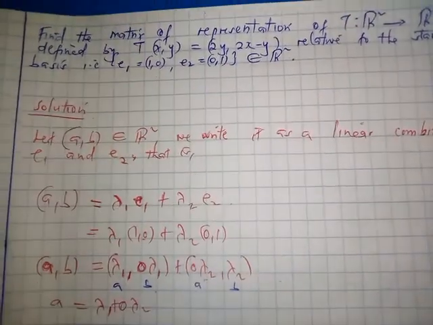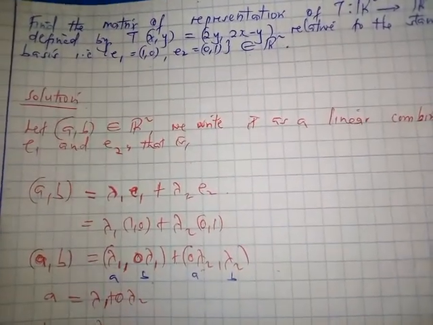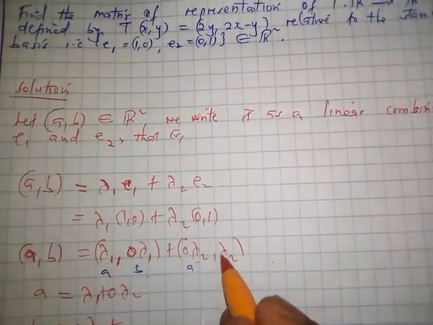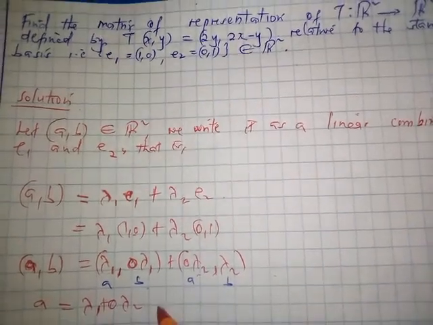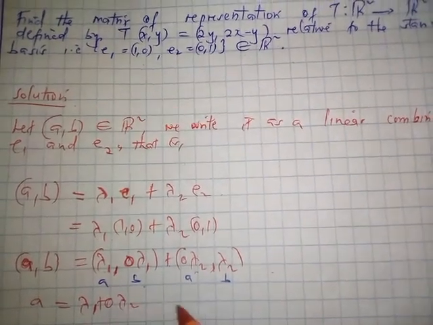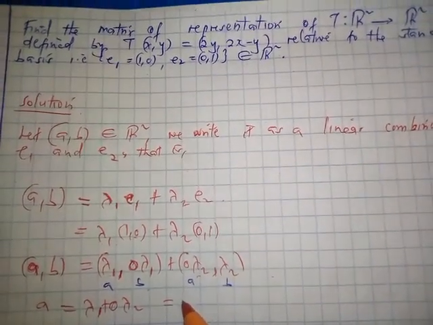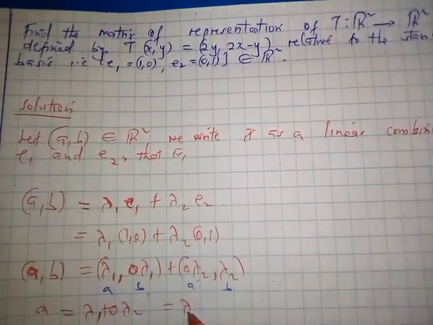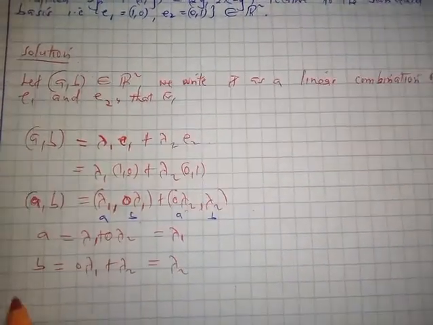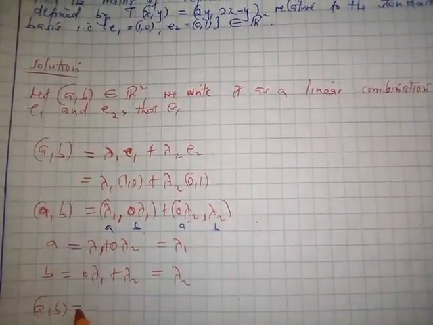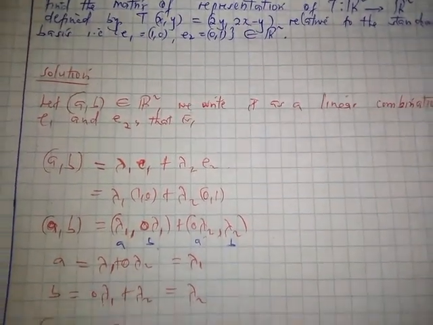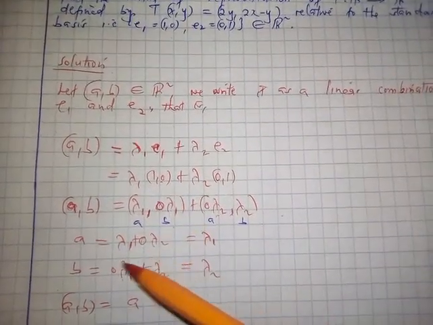Then b is equal to 0 lambda 1 plus lambda 2. This is the same as b equals lambda 2. Since this is 0 and this is 0, a is equal to lambda 1. Are you seeing this? We have found that a is equal to lambda 1.